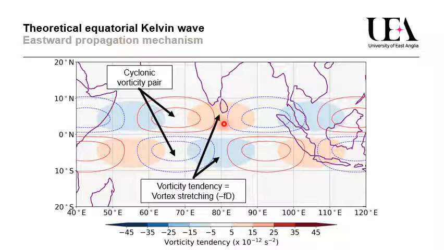This is the only source term. The key thing is we have red shading, which is a positive vorticity tendency to the east of a positive vorticity center. That means that with time, the whole structure will propagate to the east. So the forcing is a quarter wavelength out of phase with the actual perturbation. That's the key thing to look for propagation.